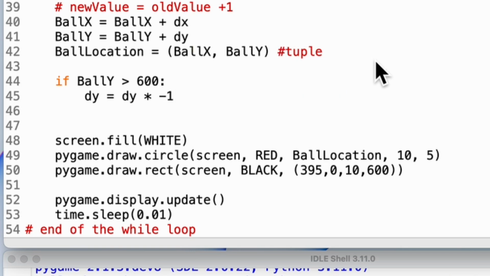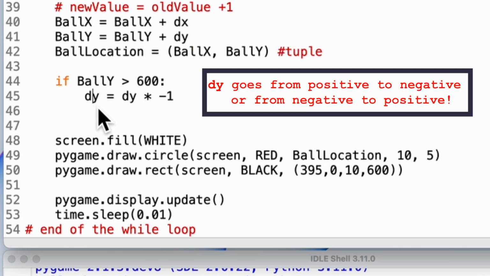Okay, now I want to break this down a little bit. So ball y is basically the y coordinate of the ball. So the y is going all the way down, and we're saying it's greater than 600, so it's at the bottom of the screen, right? That's what the greater than sign means, just like math. If that's the case, then we're creating the new value of dy, the change in y, which is going to be the old value of the change in y times minus 1.